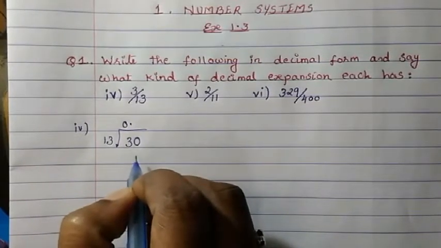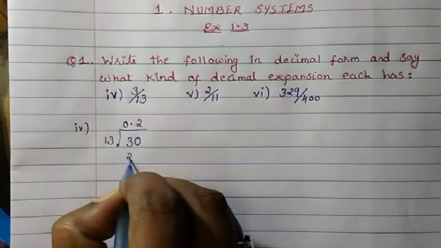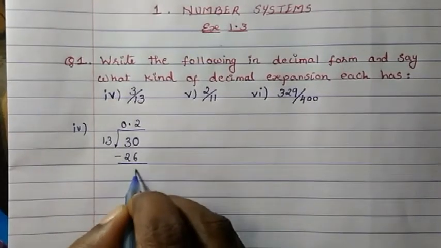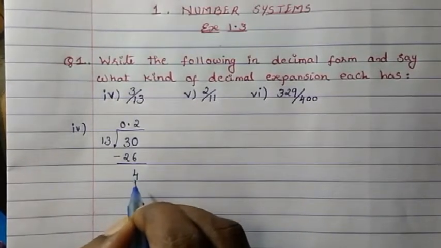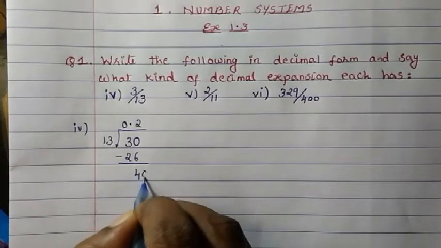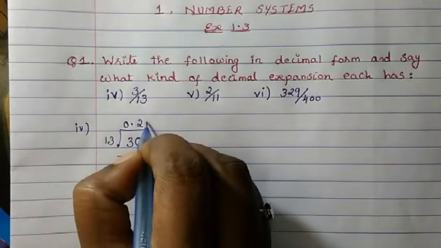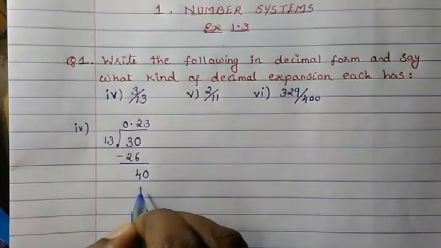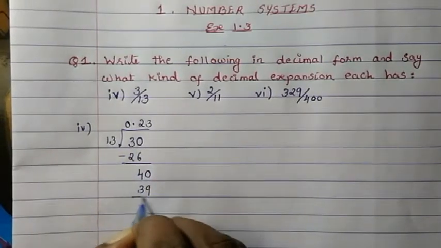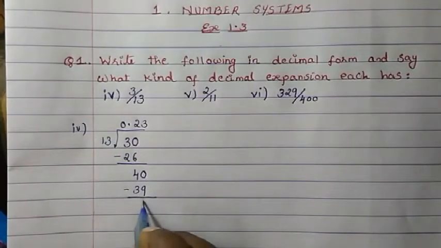Now in 30, how many 13s are there? 2 13s are 26, and we get 4 as a remainder. Again, as per division rule, this is small, we can add a 0. So in 40, 3 times we have 13. 3 13s are 39, and the remainder will be 1.